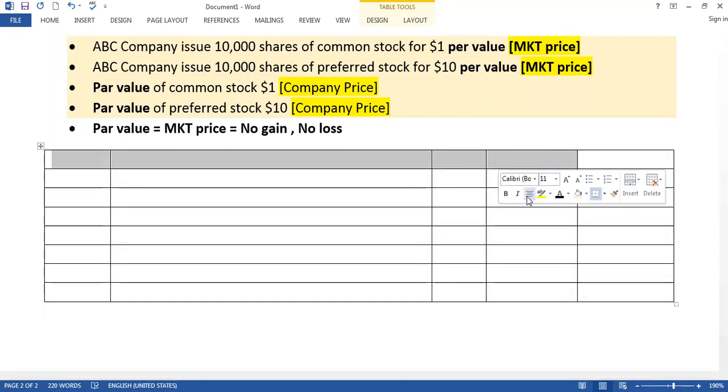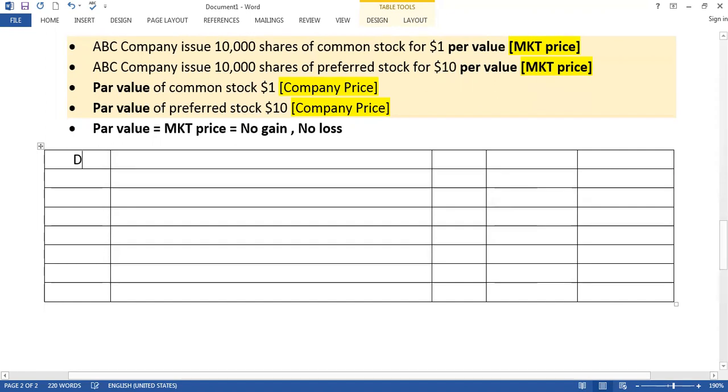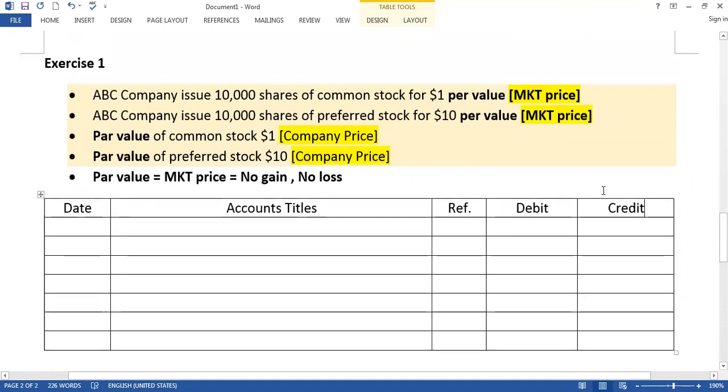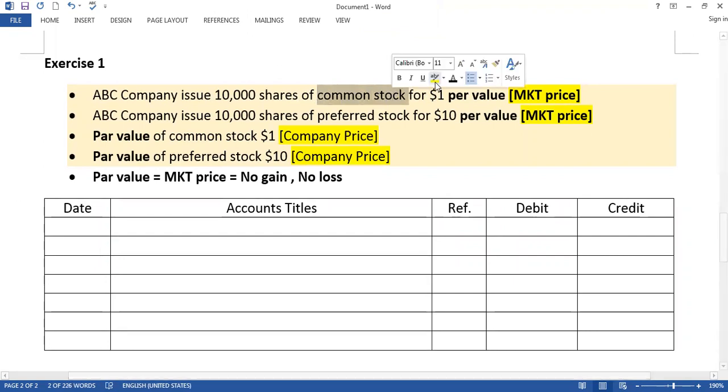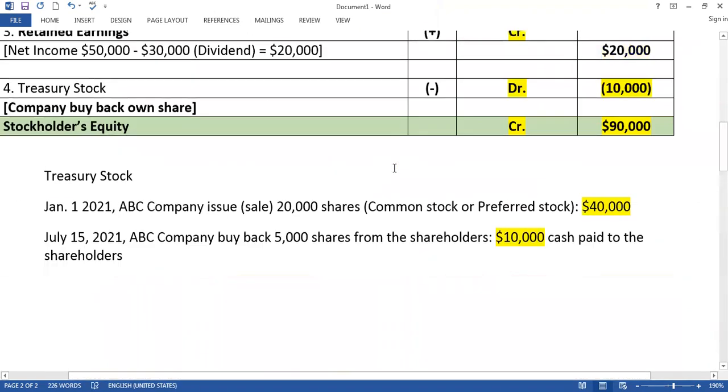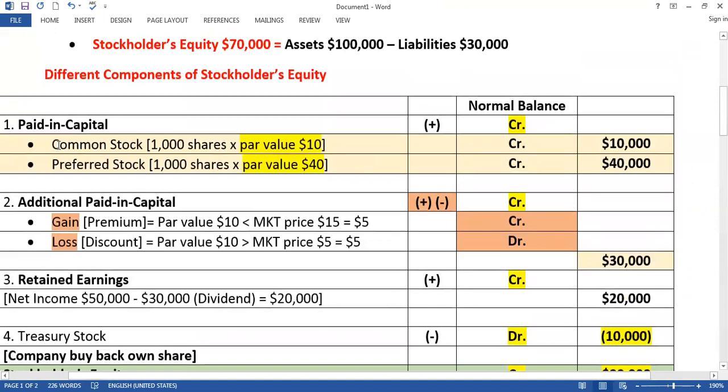You have to follow this format properly in the exam: date, account titles, reference. If we want to record common stock first, I already mentioned in the table that common stock and preferred stock come from paid-in capital.